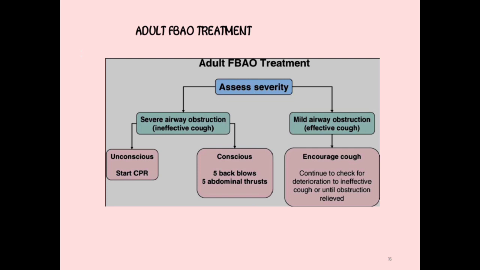In case of severe airway obstruction, in which the person has an ineffective cough, on the basis of the level of consciousness of the patient we determine the treatment. If the patient is conscious, we do 5 back blows or 5 abdominal thrusts, which we will discuss in the subsequent slides. If the patient is found unconscious, we have to start CPR.